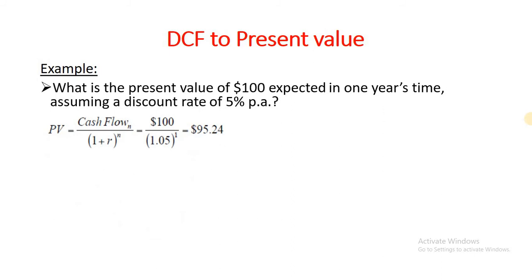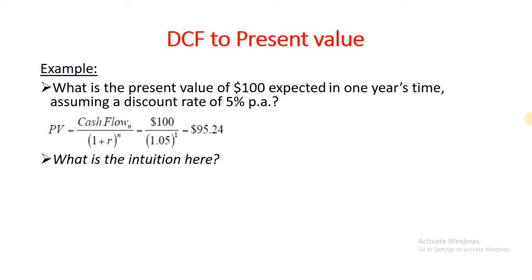We know the present value formula. Present value is equal to cash flow divided by (1 plus R) to the power n. So our cash flow is 100, discount rate is 5%, so 1 plus R is 1.05 to the power 1. n is 1 because the money will be received in 1 year, and the present value of $100 is $95.24.